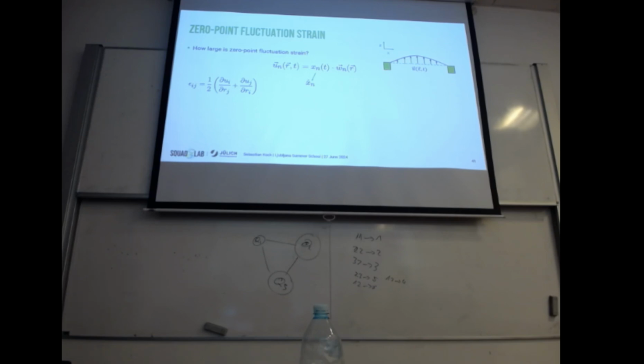And if we want to know the strain, we just put this relation in here. This is the definition for the strain tensor. And if we want to know the smallest strain modulation, we have to use the zero-point fluctuation displacement, which is the quantum mechanical standard deviation of your x.